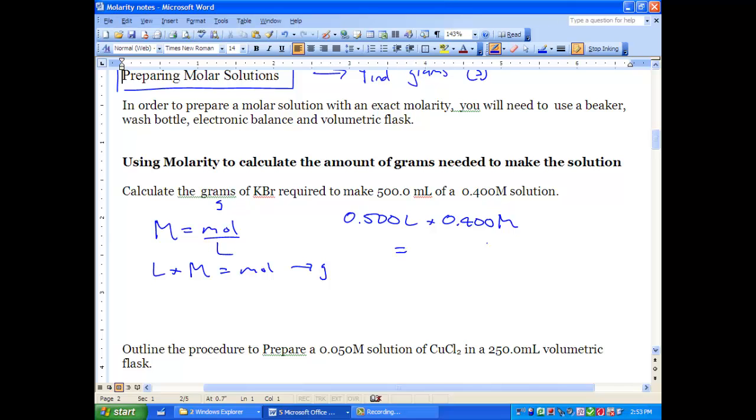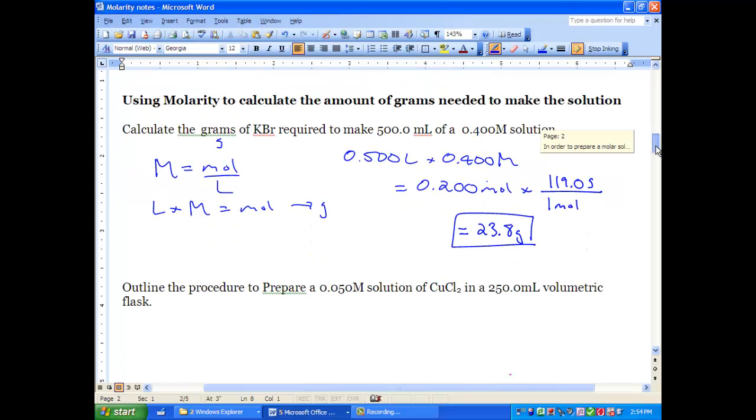And 0.5 times 0.4, if I don't have a calculator, should be 0.2. So now that we know the moles is 0.200, we have to convert it into grams. To convert it into grams, we need to multiply it by its molar mass. This molecule, KBr, has a mass of 119.0 grams over 1 mole. 0.2 times 119 is 23.8. This is how many grams of KBr is in that solution.